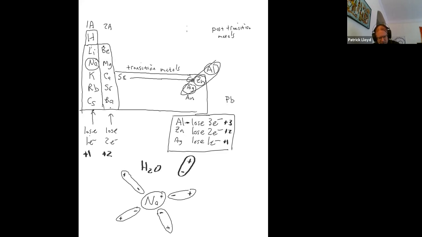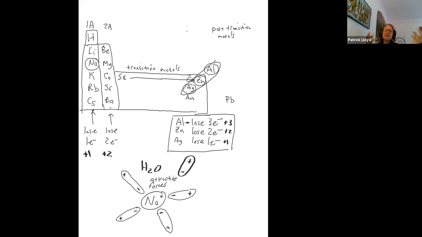But see what the water molecules did? They orient themselves so that the negative end, which is essentially the oxygen atom, is oriented toward the sodium ion. Okay. So now we have all these attractive forces between the molecules of water and the sodium cation.